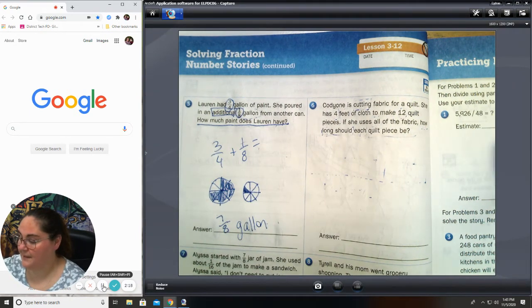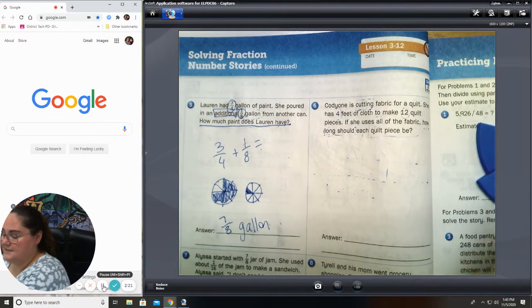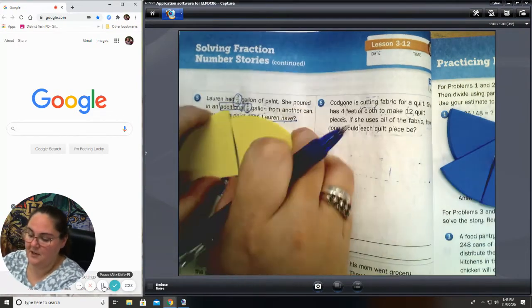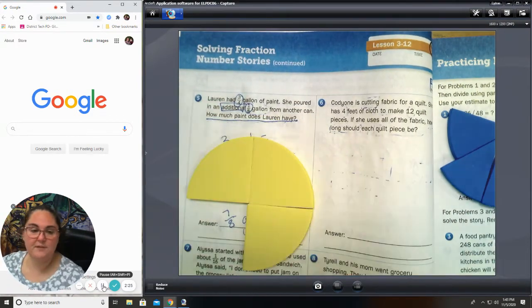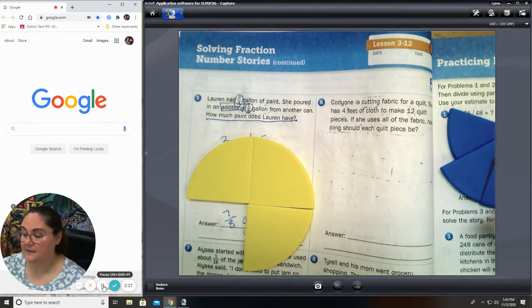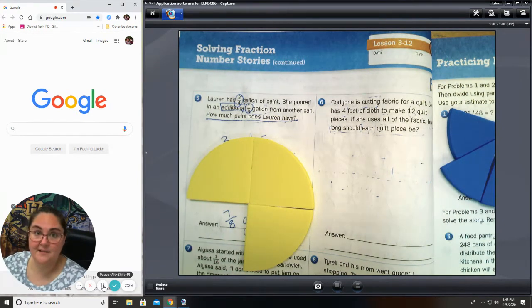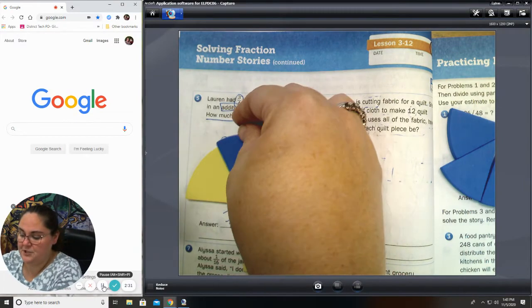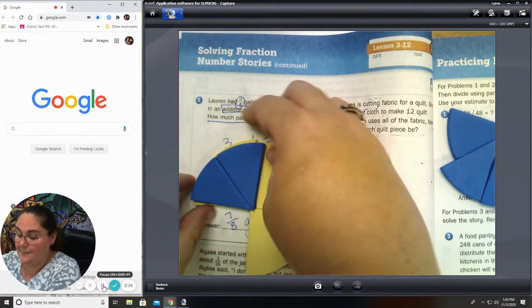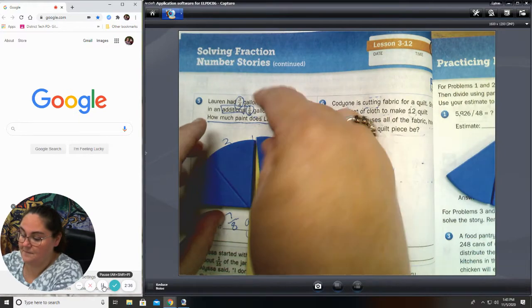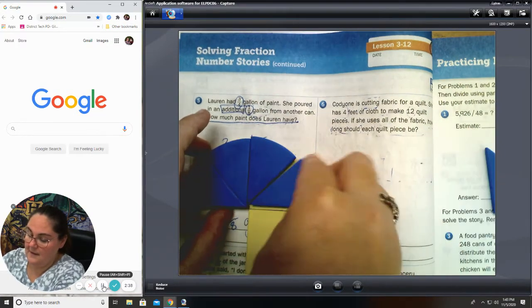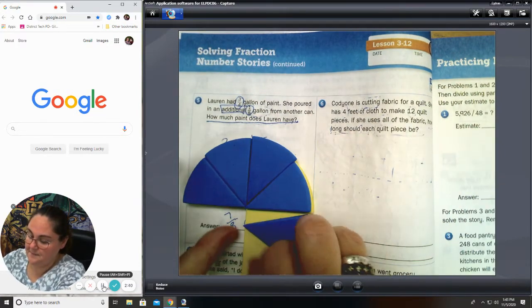Same idea, but now I'm going to use my fraction circle pieces. So I'm going to start by showing you 3/4. Now again, 3/4, I can't do plus eighths. I have to split it up. So for each 3/4, I'm going to split it up. I'm going to use my eighth pieces to help me out. All right, let's see.